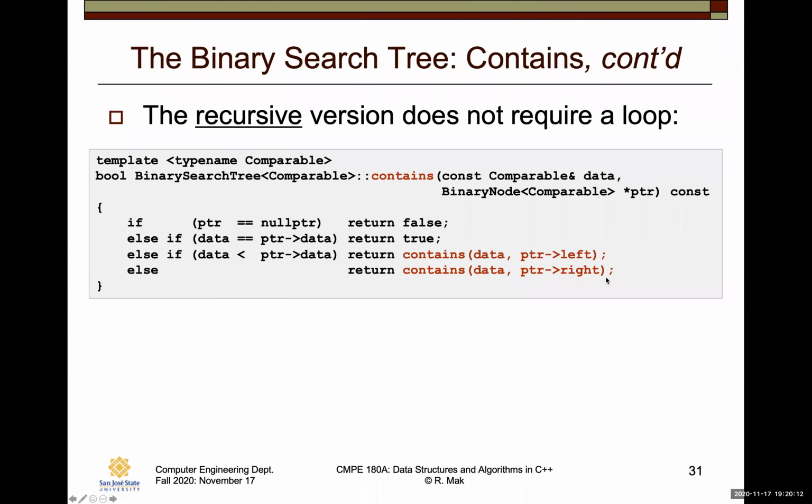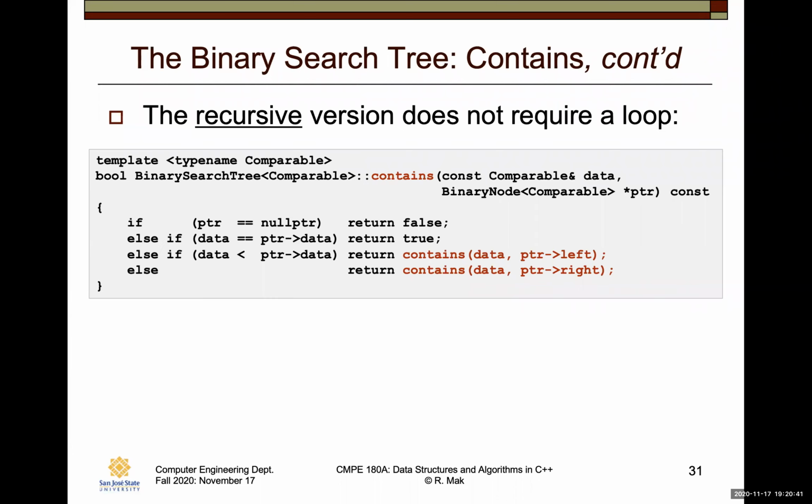So this is how we would recursively search a binary search tree. This is taking advantage of the fact that at any node, values that are less are in the left child, and values that are greater are in the right child. So this is how we go down looking for a particular value.